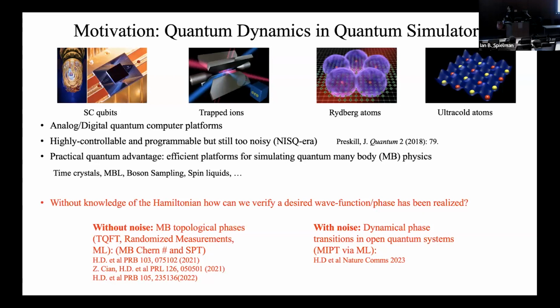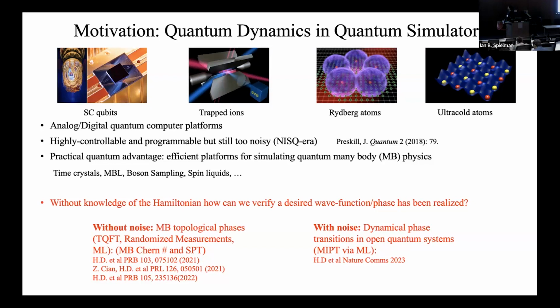In particular, whether that wave function is in the phase of matter that we intended for. So previously, I studied this problem for systems without noise, in particular, how we can detect topological phase of matter in these systems. These are some of the works, and I would be very happy to talk about them offline.